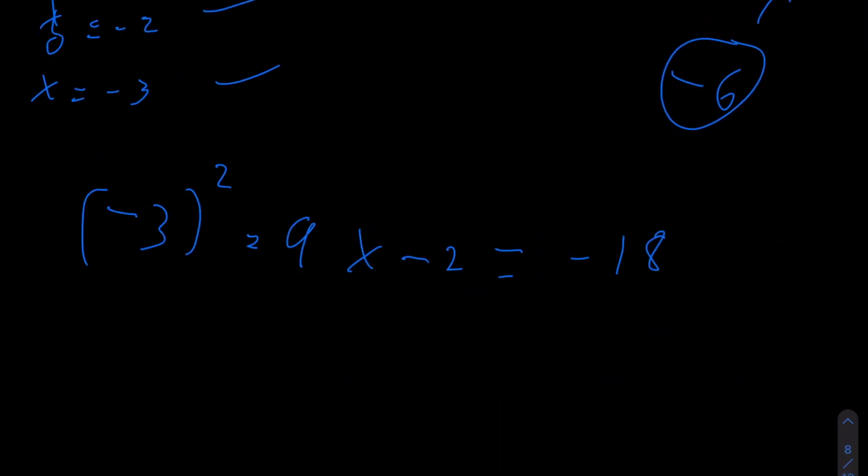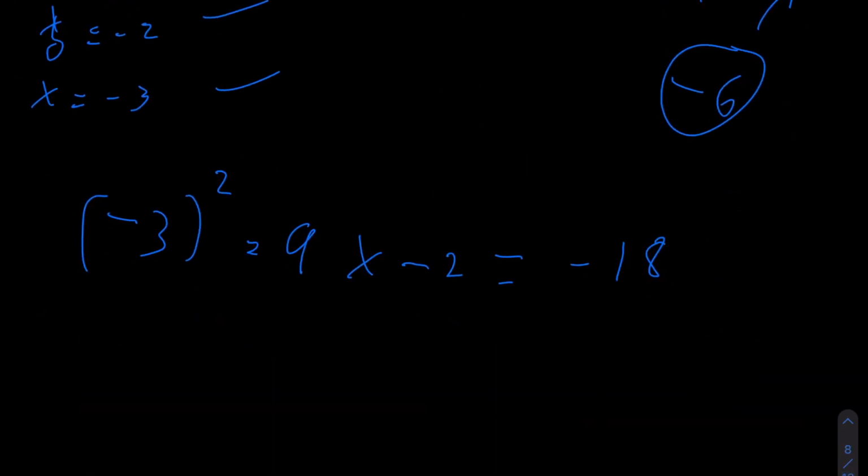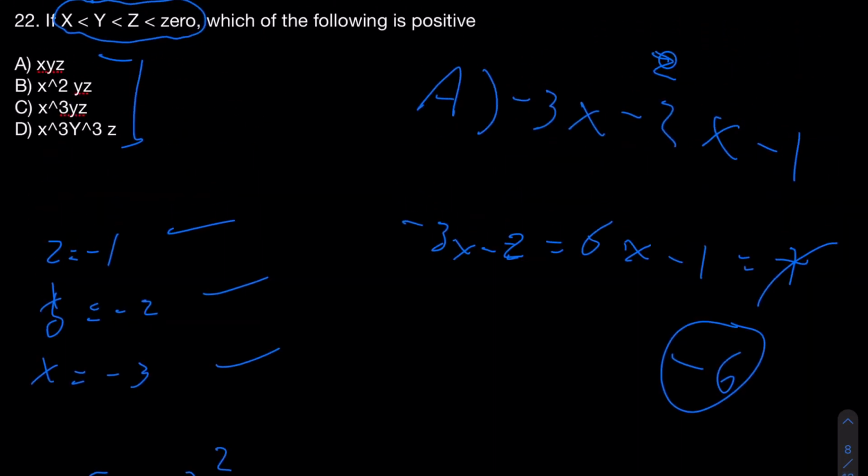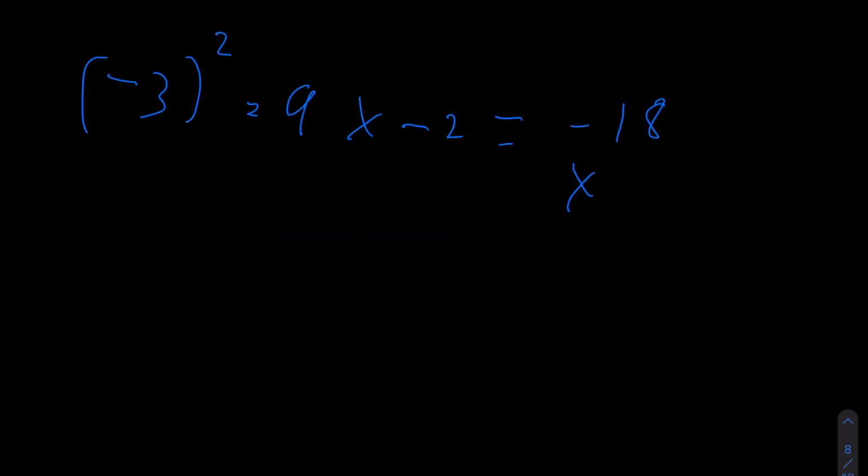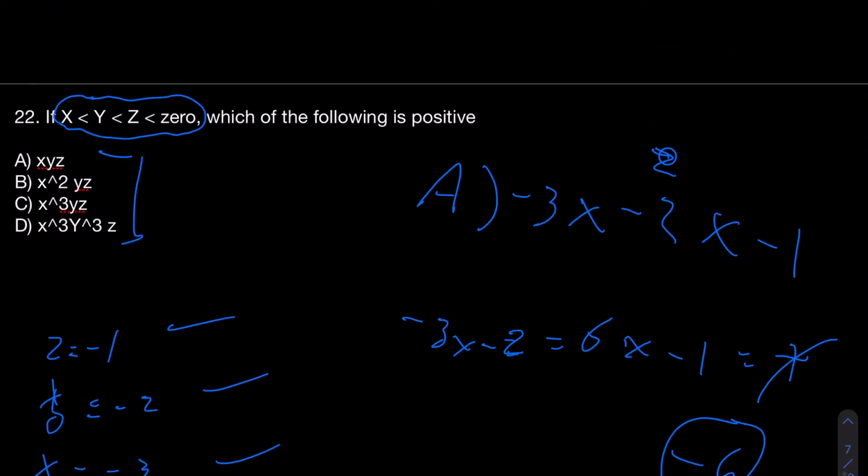And the rest of it is to multiply that by z, which is -1. So -18 multiplied by -1 will give you a positive 18. Oh, there you go. That's our answer. It is B. B will be a positive number.